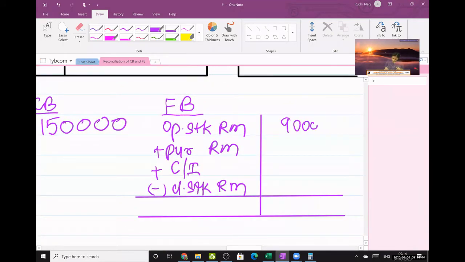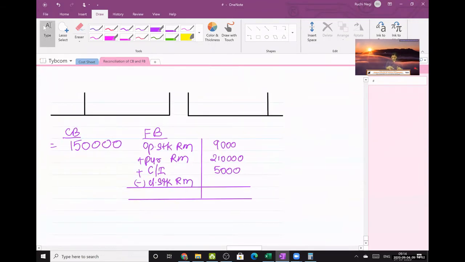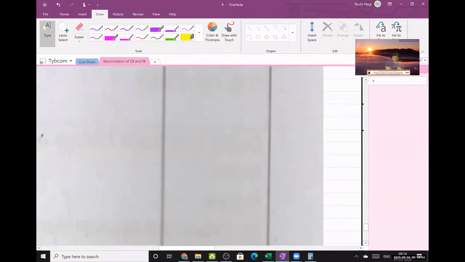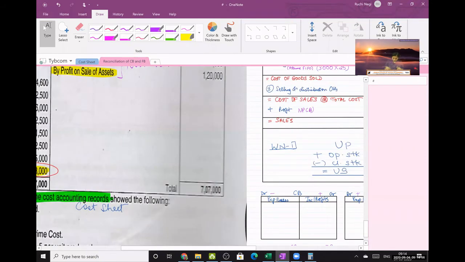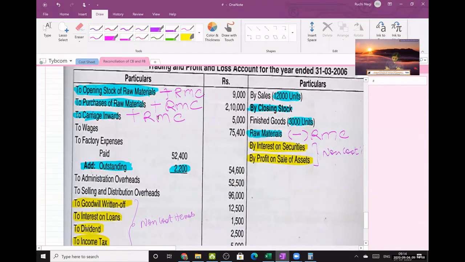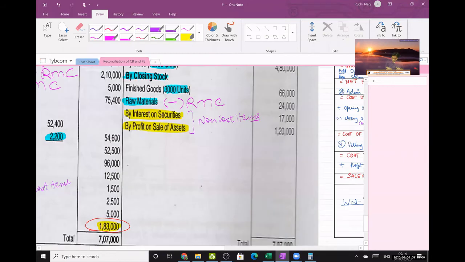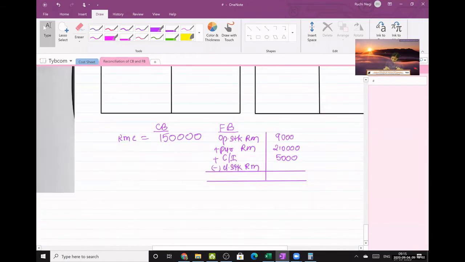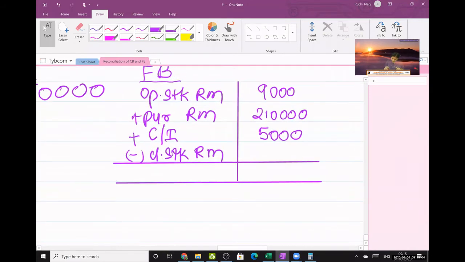So write it here: 9,000, 2,10,000, and 5,000. And let's see how much is closing stock. Closing stock of raw material is 24, so write here 24.